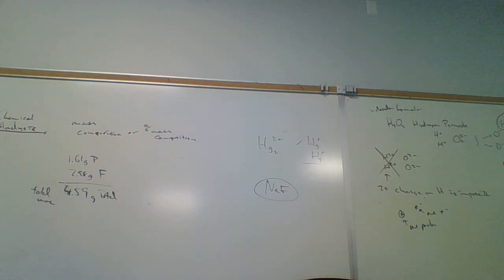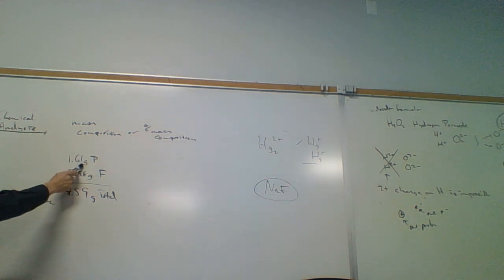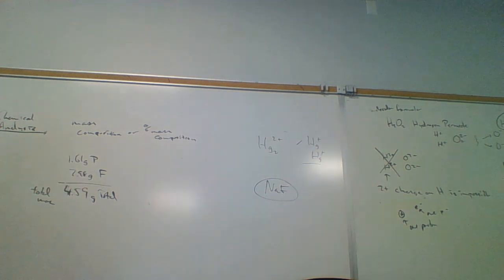This is the realm of analytical chemistry, where they try to find out what's in it and how much of it. Now we have it, but is a chemical formula a mass ratio or an atom ratio? It's an atom ratio, so we don't want the mass ratio. I know what the mass ratio is, 1.61 grams of phosphorus for every 2.98 grams of fluorine. That's not what I want though.